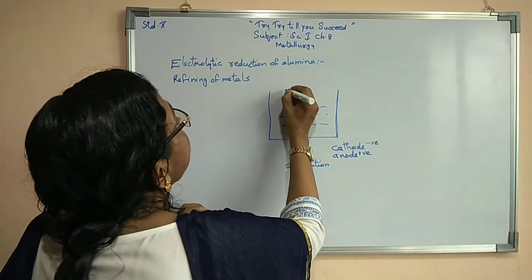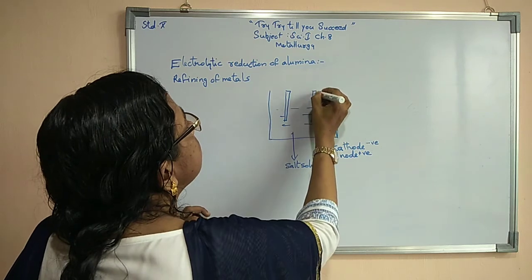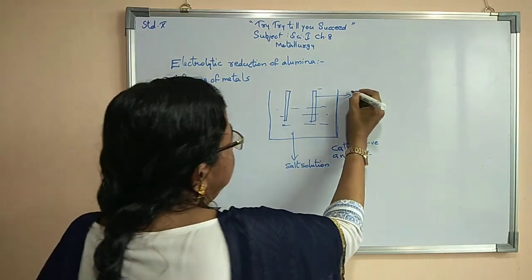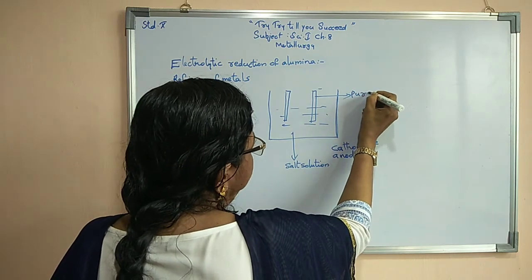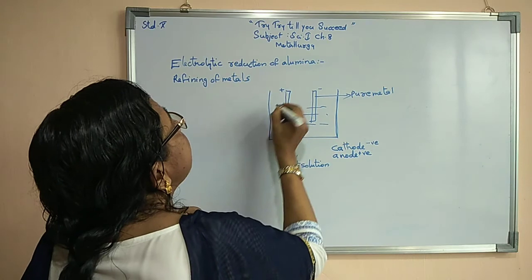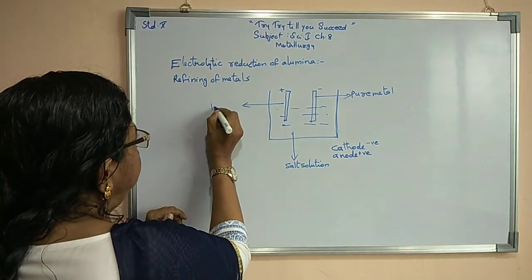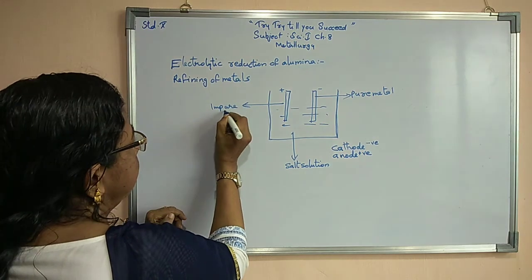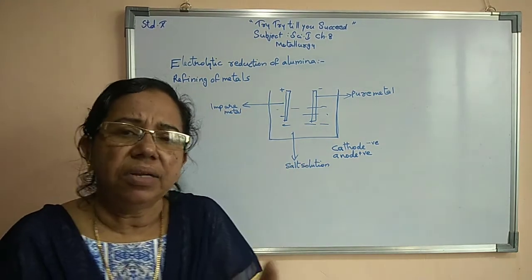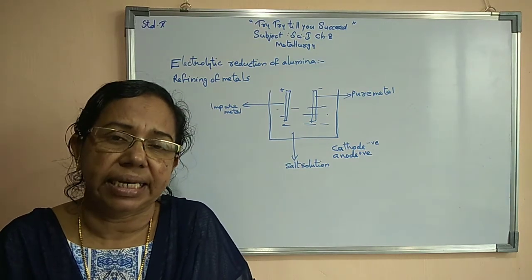So here now, two electrodes I am using. This is now the cathode, so it will be the pure metal. Now this is the anode, and this will be the impure metal, the metal which we are getting as a result of electrolytic reduction.